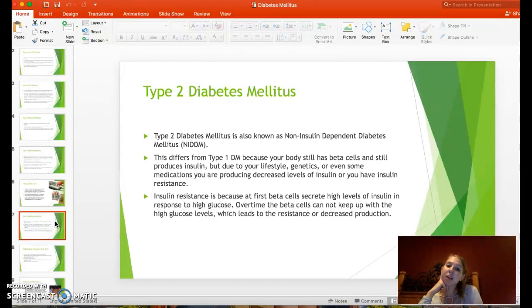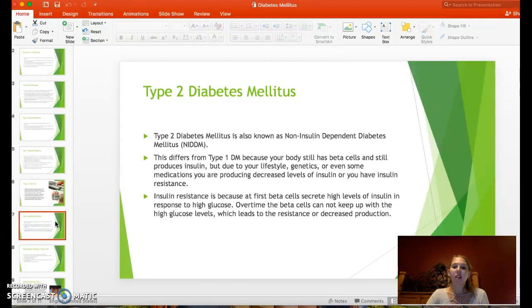This differs from type 1 because, as I said, your body still has beta cells because your immune system isn't attacking them like it is in type 1. So you're still producing insulin, but because of lifestyle choices, genetics, or even some medications, you're producing decreased levels or you have insulin resistance.